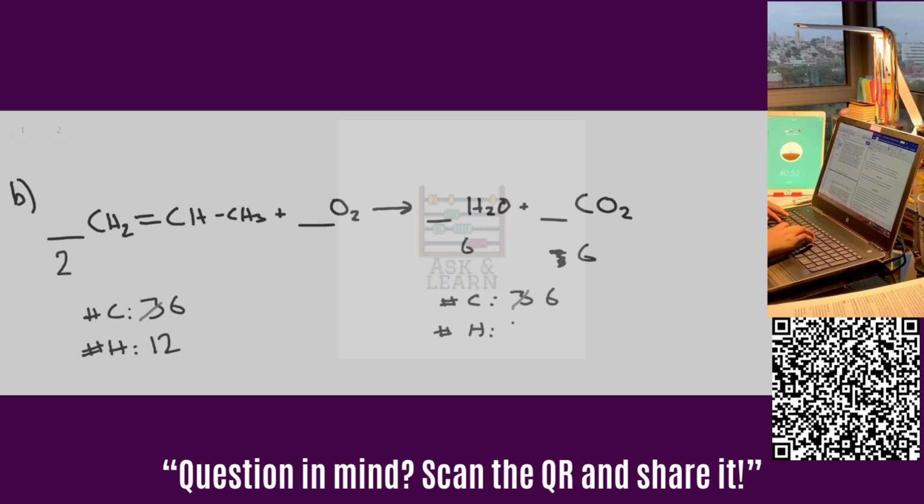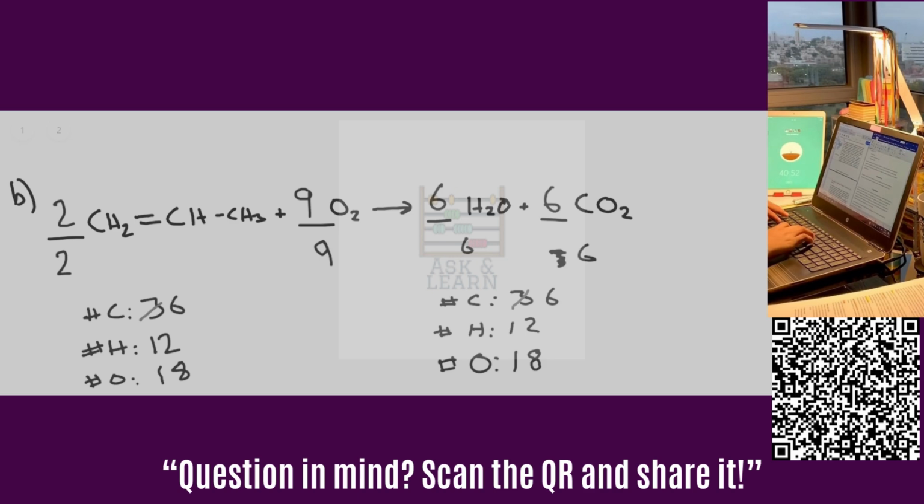Then for oxygen on the right, we have 6 from water and 12 from carbon dioxide, so we have 18, which means we need a coefficient of 9 here to give us 18 total oxygen. If we hadn't added the 2 coefficient to the hydrocarbon, we would have had the same problem, 9 over 2. But now we simply have 9 and the reaction is balanced.